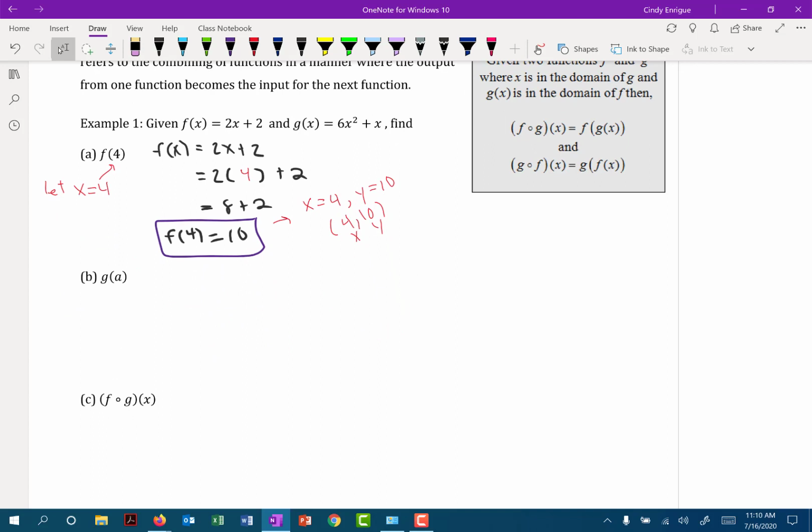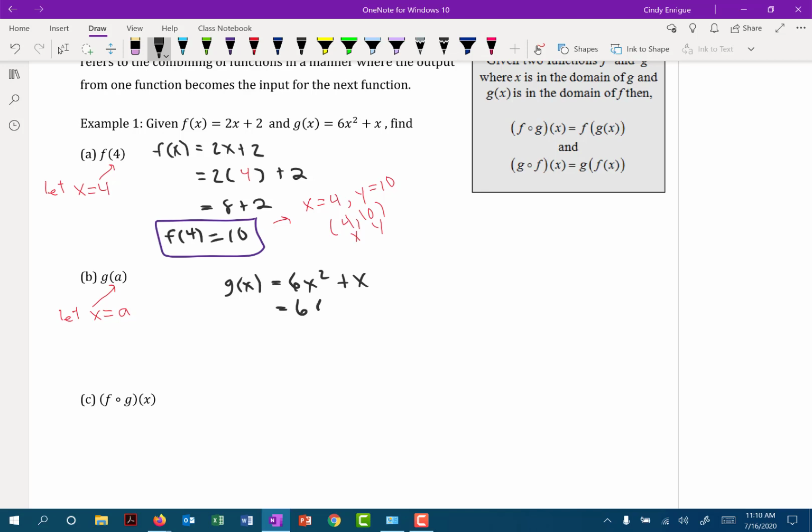We're going to take that same mentality and apply it to part B. Look at your function g, and instead of a number like 4, you're just going to plug in the variable a. So we're letting the x value equal a; we're just swapping the variables. We have that g of x is equal to 6x squared plus x.